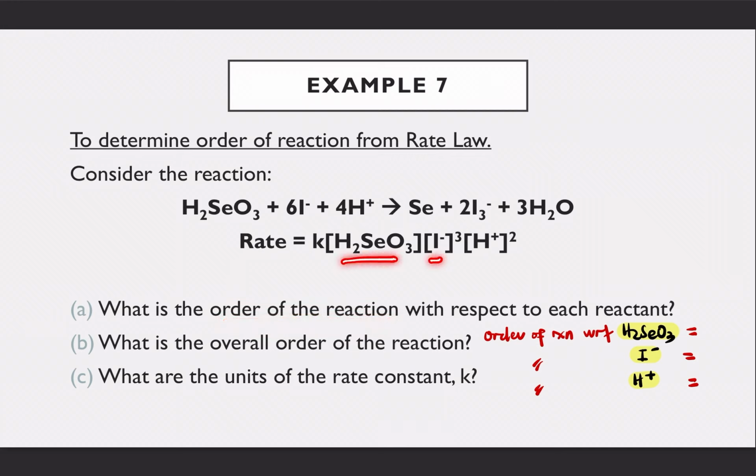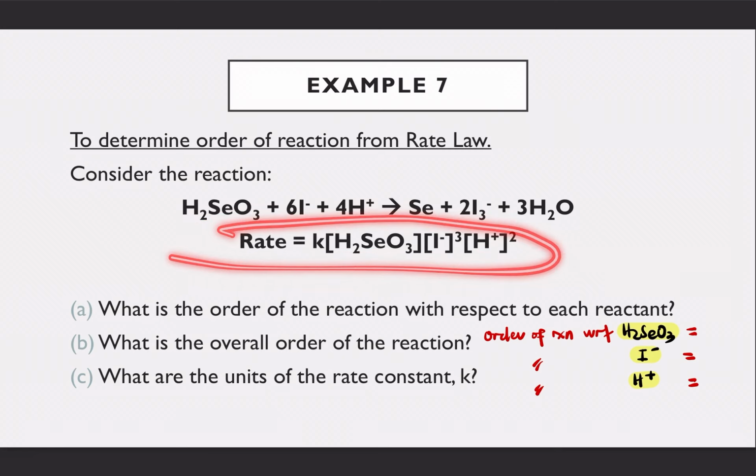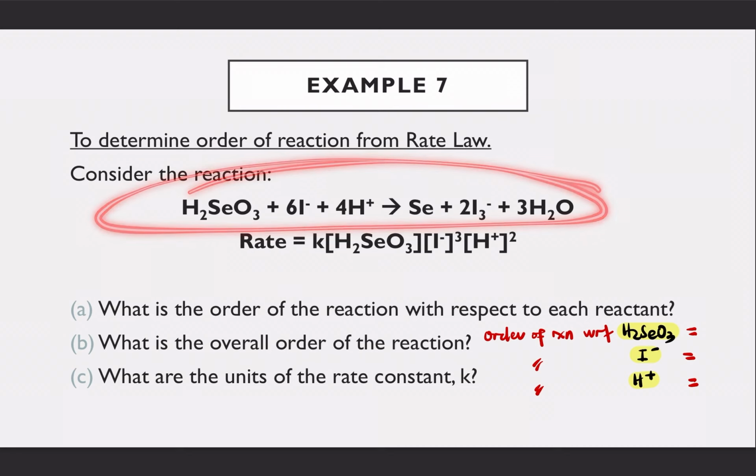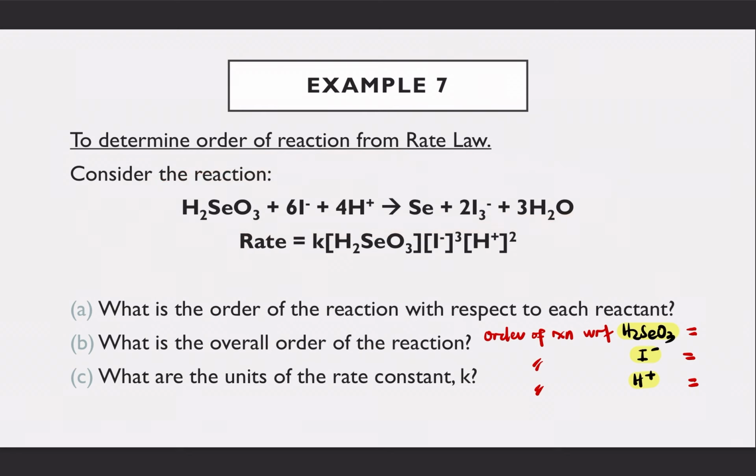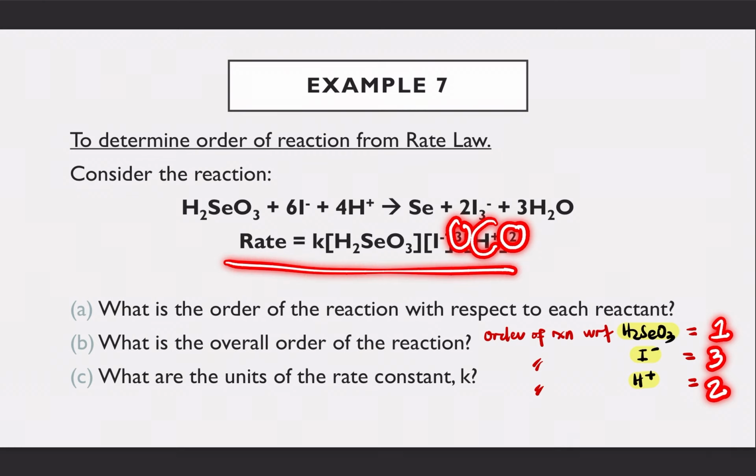So these are your reactants. You are going to look at your rate law, not your chemical equation. So for H2SeO3, it will be 1. For I minus, it will be 3. For H plus, it will be 2. So it is simple to know the order of reaction when you are already given the rate law.